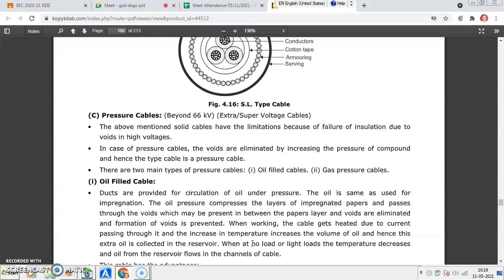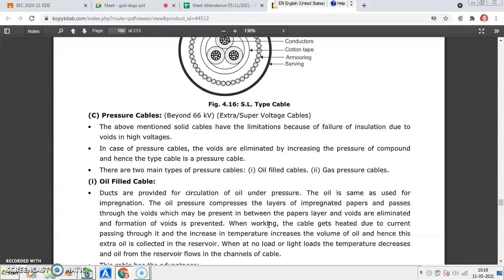Super voltage cables are provided for high voltage, and as we have discussed above, these cables are filled with oil or gas. Oil and gas are nothing but insulators. Gas means your SF6, sulfur hexafluoride, or insulating oil. Here oil does not mean simple oil, and gas does not mean any type of gas.